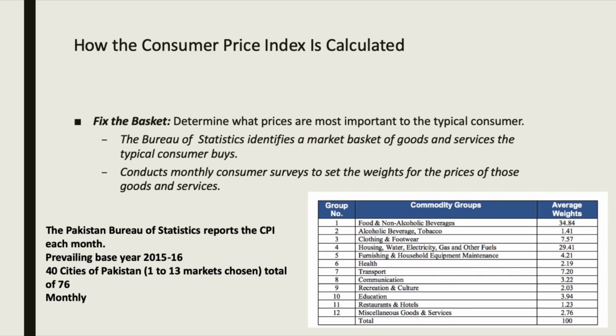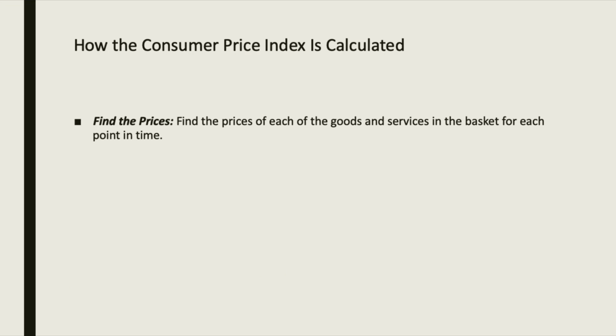They go to the markets, 40 different cities of Pakistan and different markets, and come up with prices of these items from the basket. So the first step was coming up with a list of items that a typical consumer uses. The second step was going to the market, find out the prices of these items.